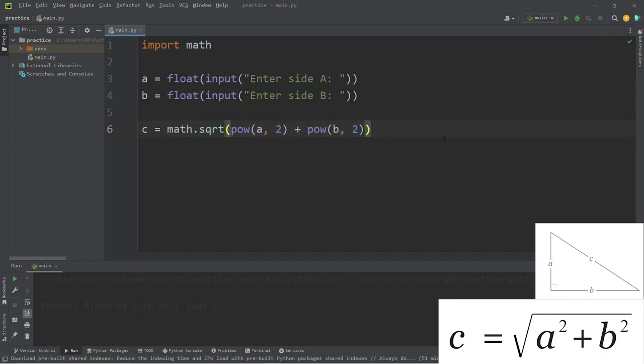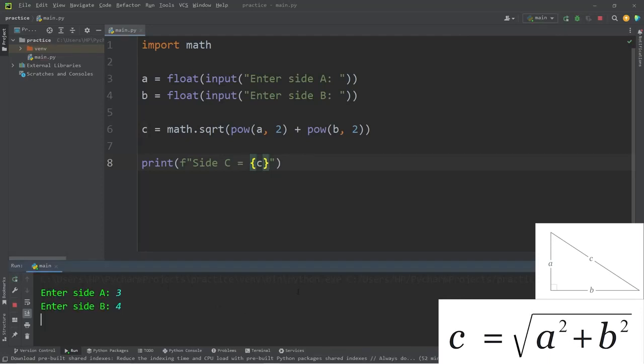And that should give us our answer. Let's print, using an F string, side C equals whatever C is. So enter side A, 3, side B will be 4, side C is 5.